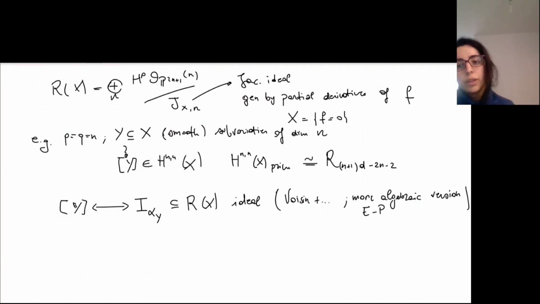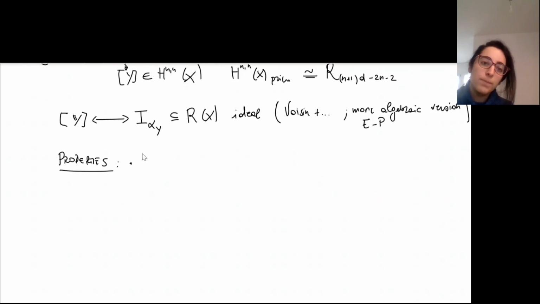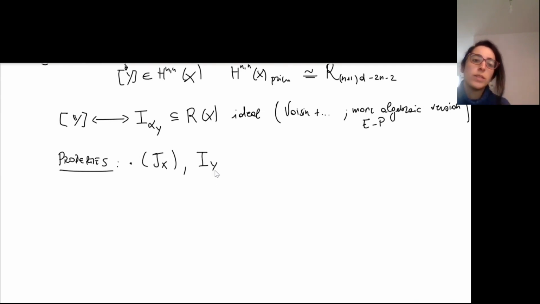So there's a way to attach to it a polynomial, and what we hope to expect is that clearly the Jacobian ideal, if we do not define it in the Jacobian ring but in the more general ring, the homogeneous ideal of Y, so the ideal of the defining equations of Y as a variety in X, is contained in this ideal alpha Y. So inside these polynomials, there are also the polynomials defining Y as a variety.